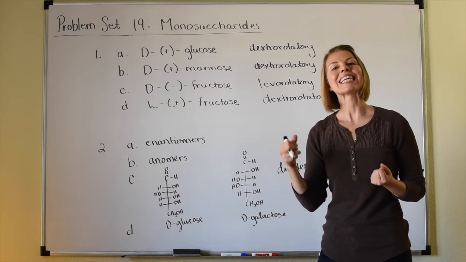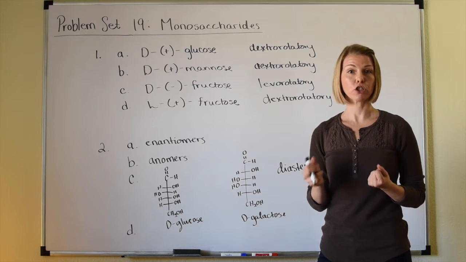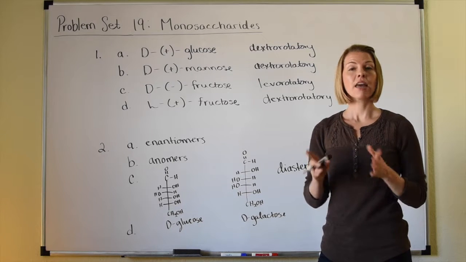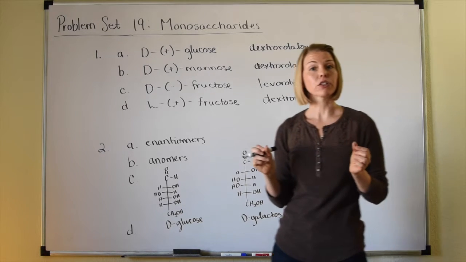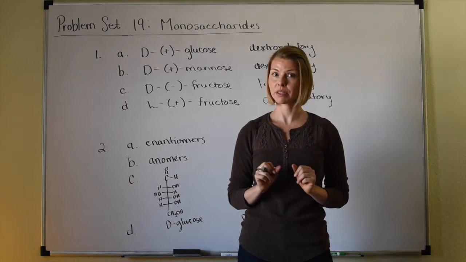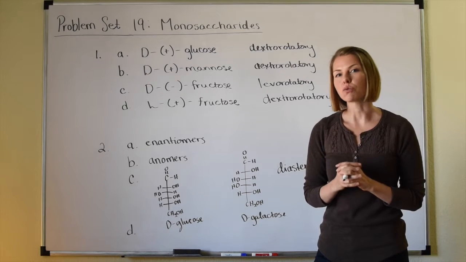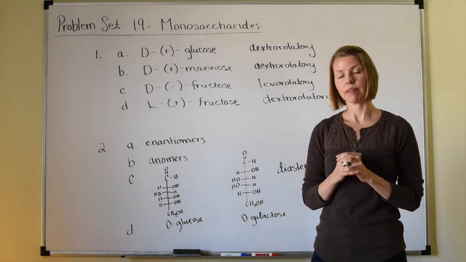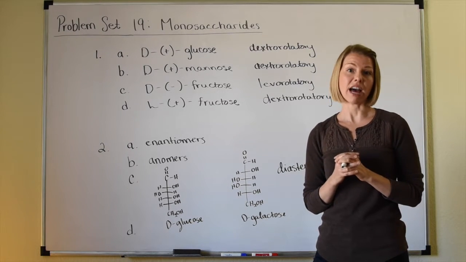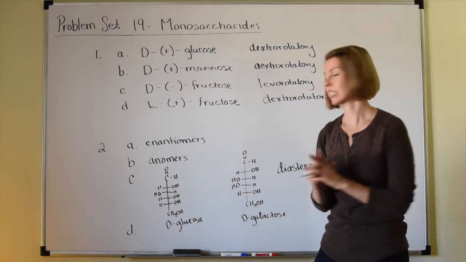Fructose, remember, is a ketose, meaning it has a ketone at position 2. So clearly, they are isomers that do not have the same connectivity of atoms. Okay? That means that they have to be related as structural isomers. They have the same molecular formula, and that's it. The connectivity of the atoms is different.